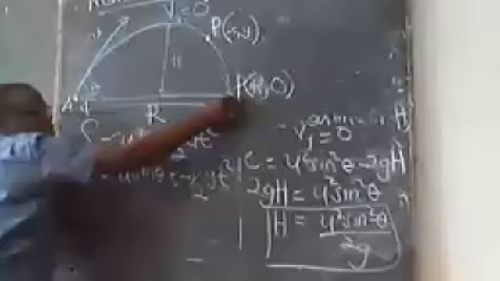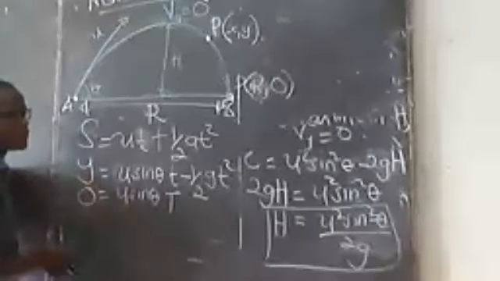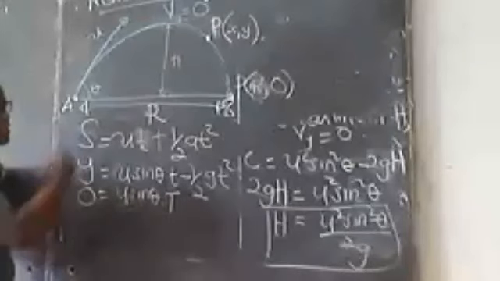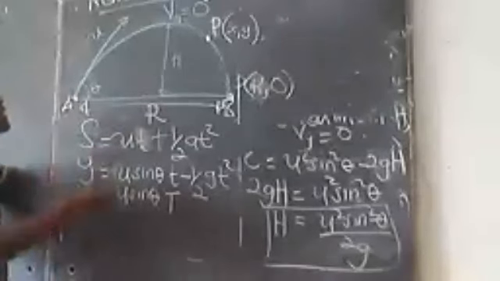Time of flight, okay. In fact, we can even first find the time of flight, then it shall guide us to the horizontal range. Is it okay? Let us first find the time of flight, it shall guide us to find the horizontal range.